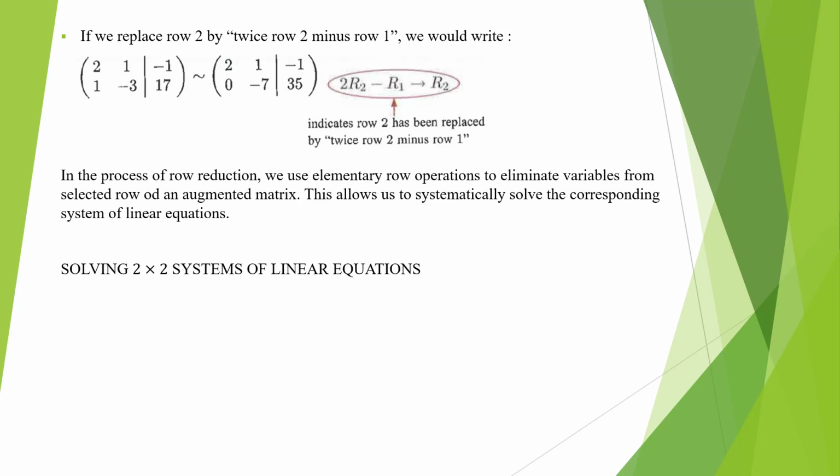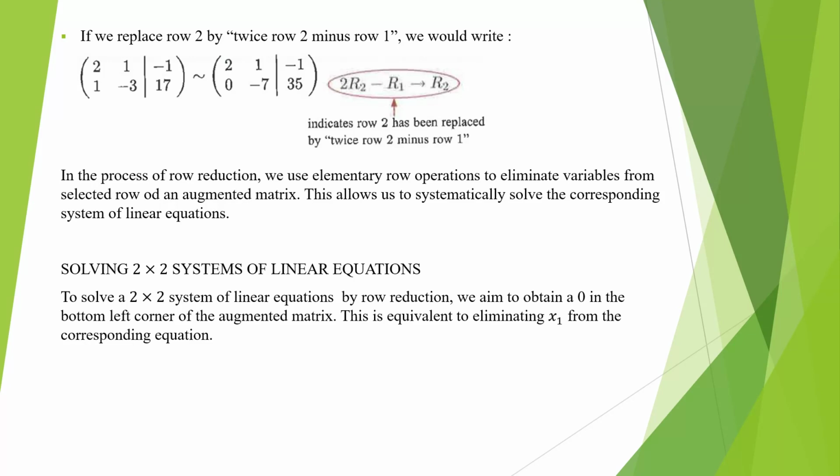When solving a 2 by 2 system of linear equations by row reduction, we aim to obtain a 0 in the bottom left corner of the augmented matrix. This is equivalent to eliminating x1 from the corresponding equation.